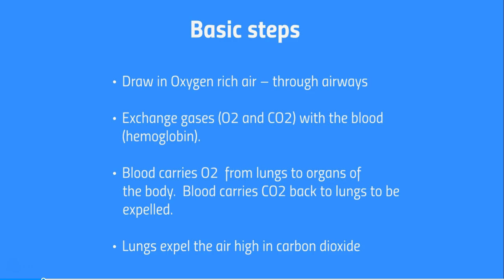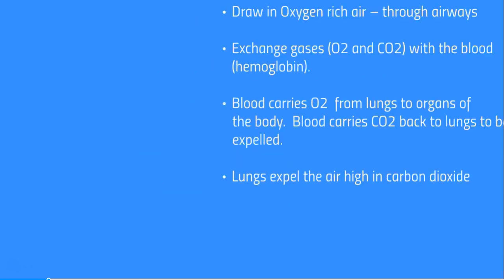We then exchange the gases with the blood, and hemoglobin is the main player in this process that picks up the oxygen from the lungs and transports it through the bloodstream. We then carry it off to the organs and the cells of the body, and then pick up any waste from those places and take it back to the lungs to expel that air that's now high in carbon dioxide.